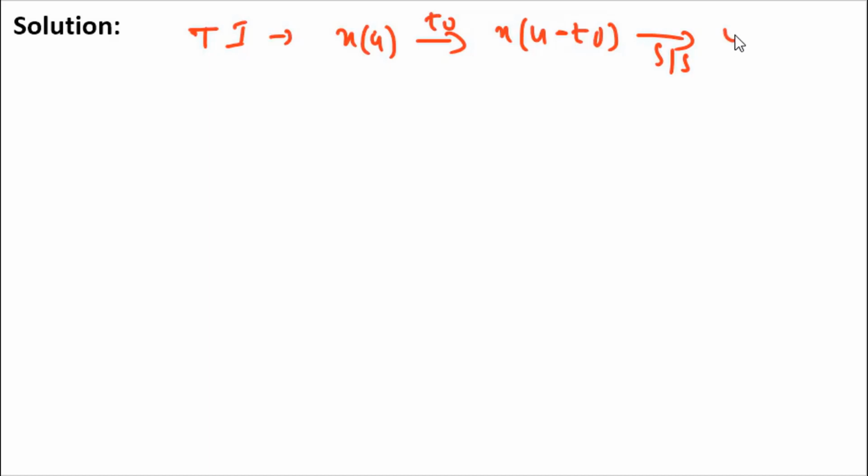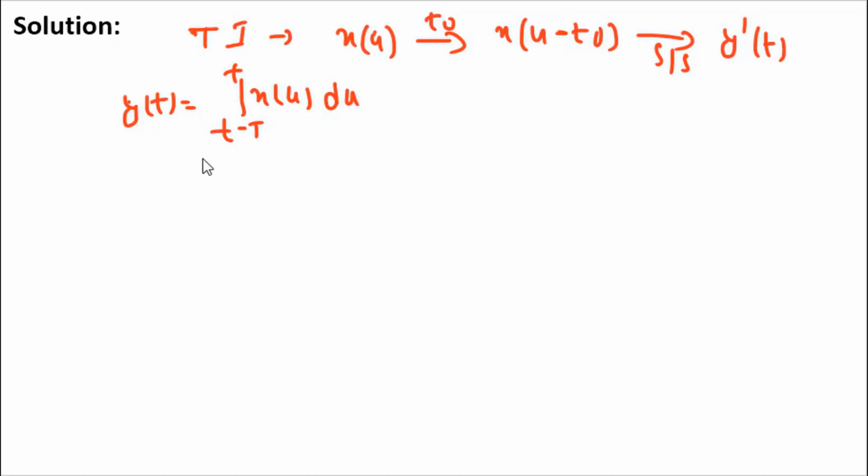So to check the time invariant condition, you first take the signal x of u, you delay it by t naught, it becomes x of u minus t naught, and you give it to the system and you get the output, let's say y dash of t. Now your y of t is given as integration from t minus capital T to small t of x of u d of u.